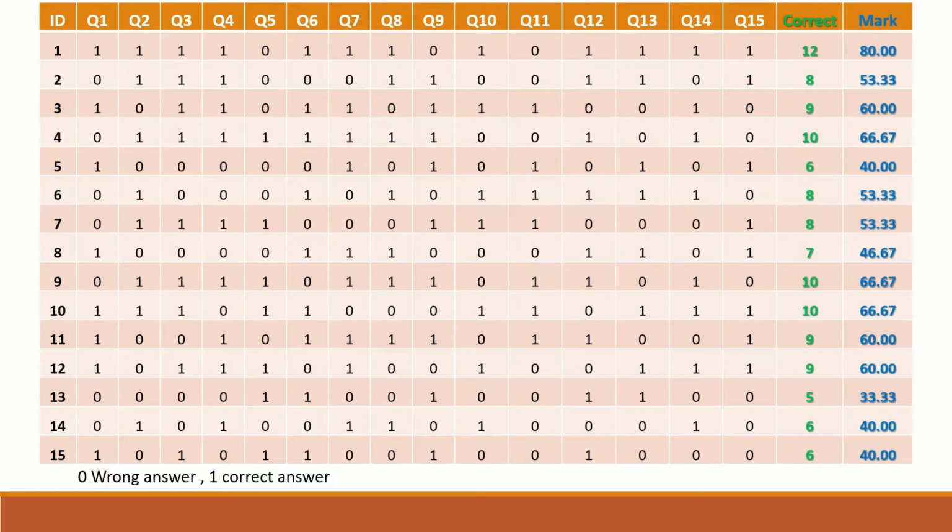Here in this table is shown an exam result for 15 students answering 15 multiple choice questions, and for each question the score is recorded as either 0 or 1, where 1 is a correct answer and 0 a wrong answer.